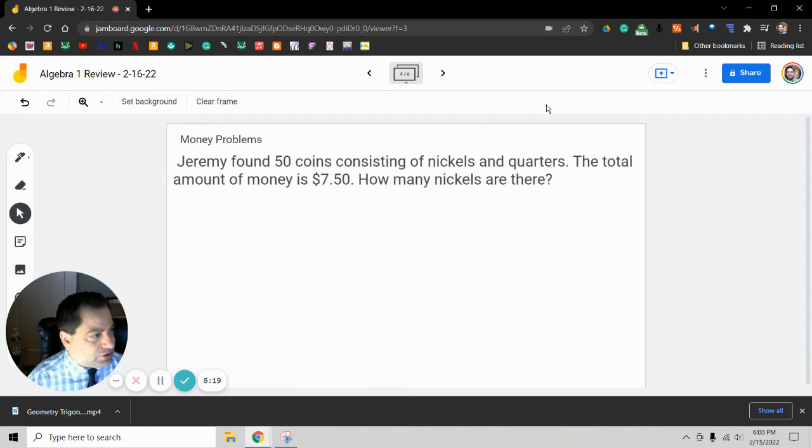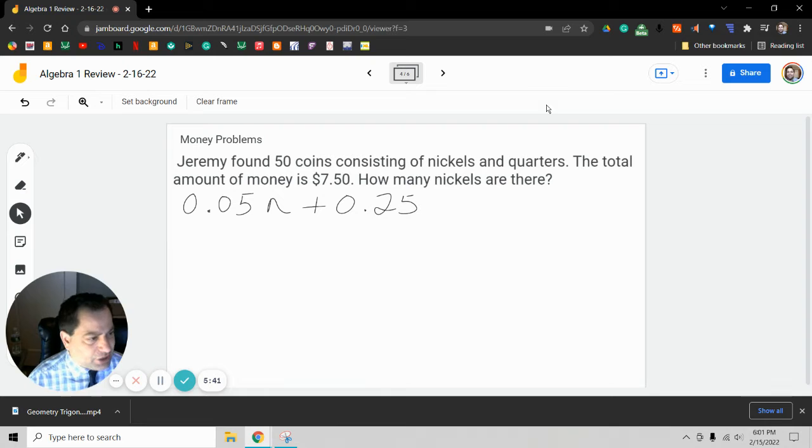So let's start with nickels. So a nickel is worth 5 cents times the number of nickels. Plus a quarter is worth 25 cents. And think about that sum piece, right?